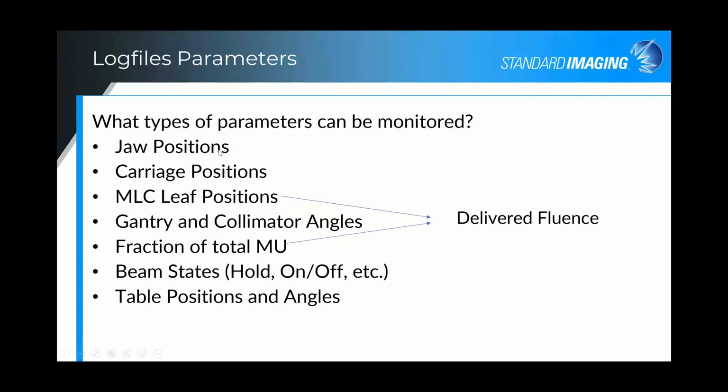Of course, you can have all the other parameters monitored as well, but a clinically relevant metric is the delivered fluence. And so then one can use that fluence and compare it to the fluence calculated by your treatment plan.